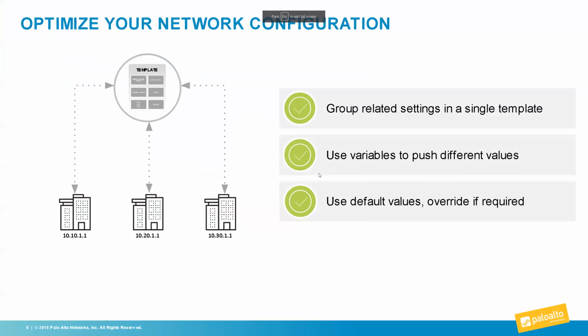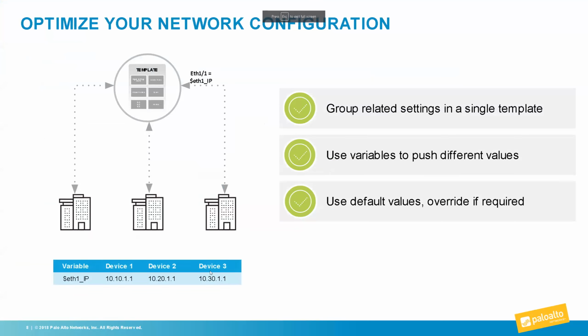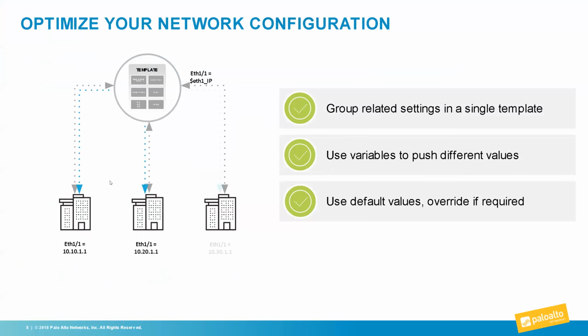Okay, so if we click here, we can see that you can take ETH1, for example, within a template, and instead of applying an absolute value like an IP address 10.10.1.1 to ETH1 in a given template, you can give it a variabilization, $ETH_IP, ETH1 IP. Now what we see within the template is that variable, and we'll reference that variable.